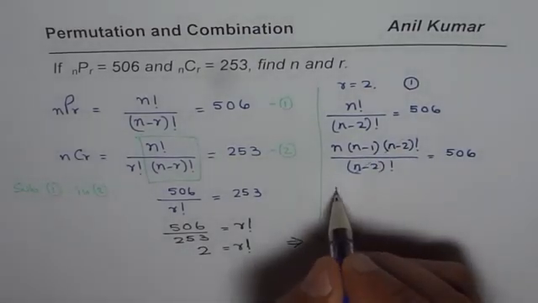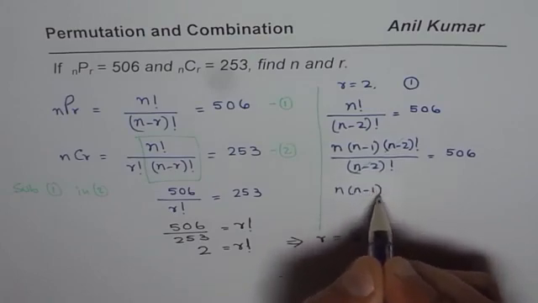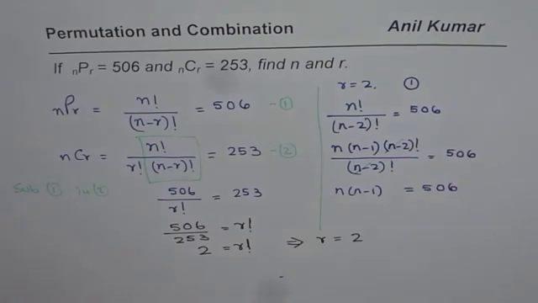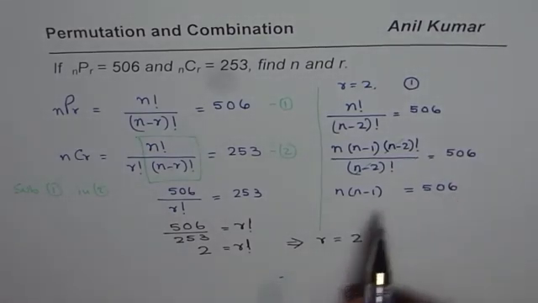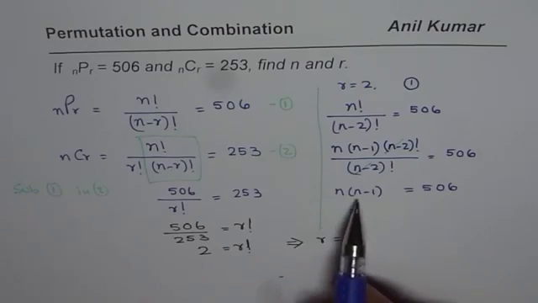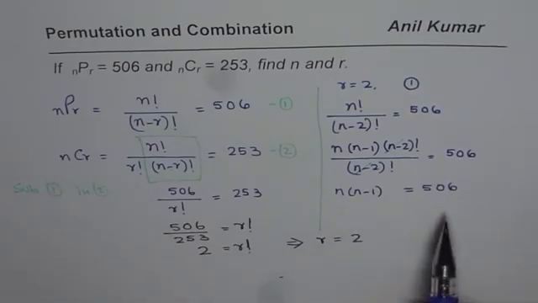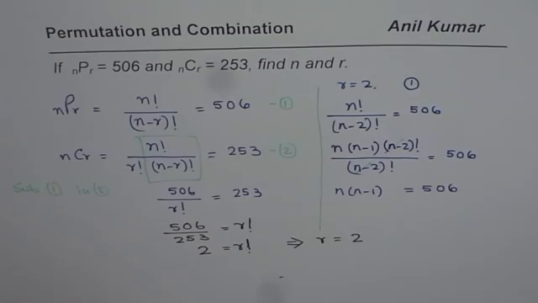So we are left with n times (n minus 1) equals 506. Correct? So 506 is n times (n minus 1). Now that is two consecutive numbers which when multiplied give you 506. So you could find the answer.